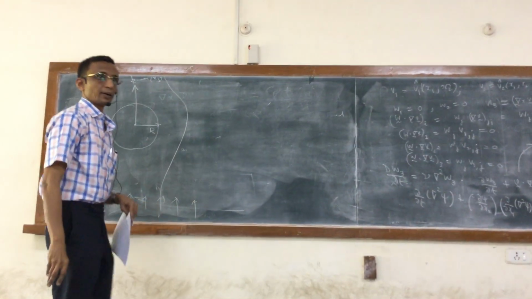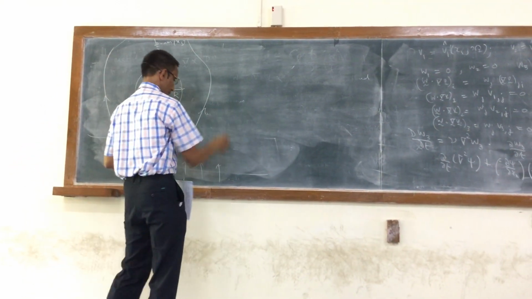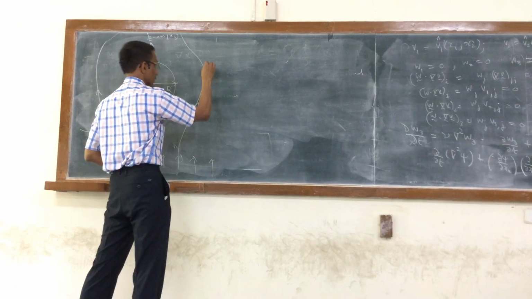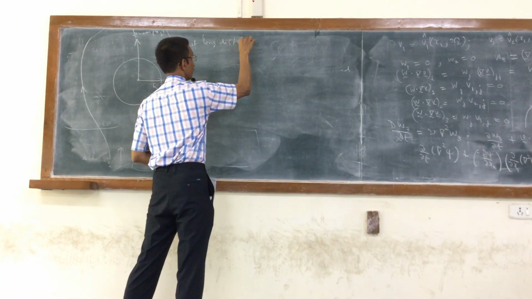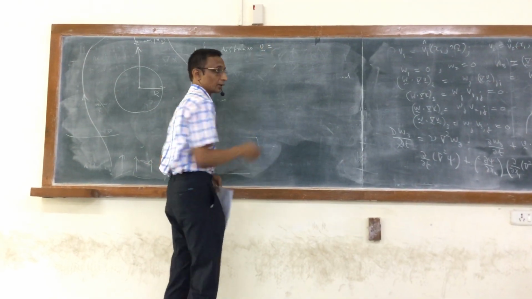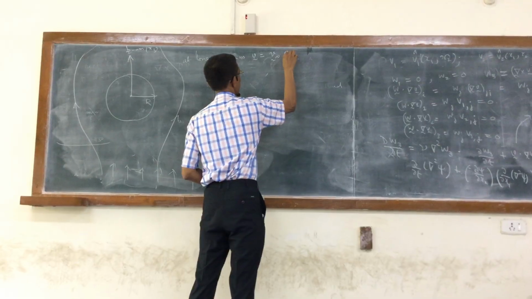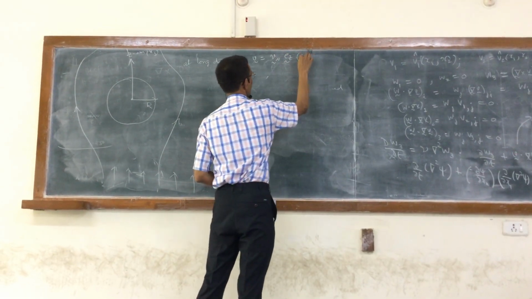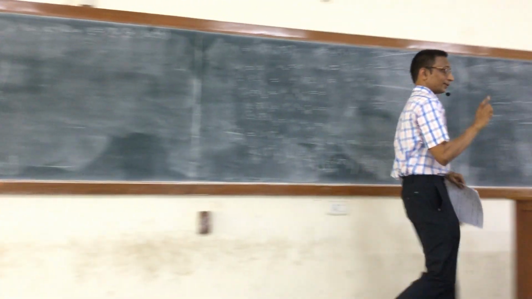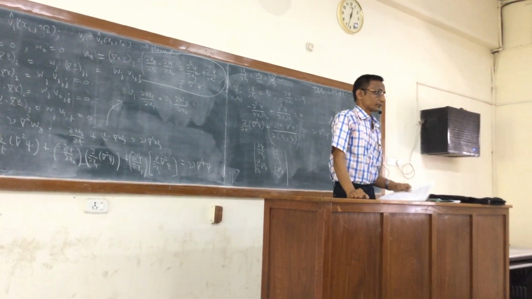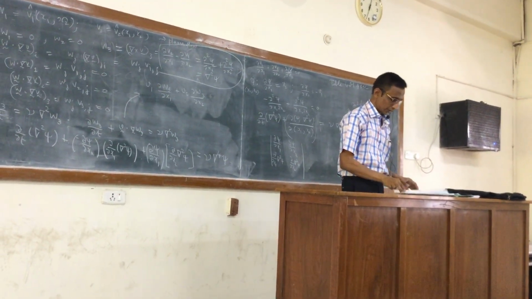This is the basic flow pattern. And important is that at long distances from the sphere, V is given to be V infinity times Ez, or V infinity times E3. Ez is the common notation used in books. If you're comfortable with 3, we can stick to E3.